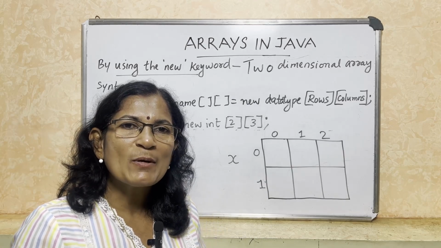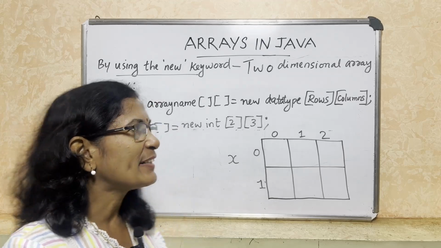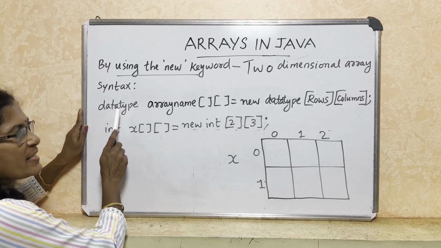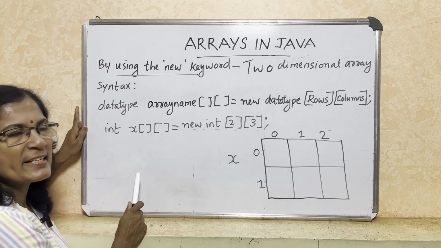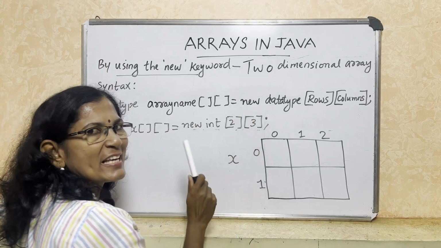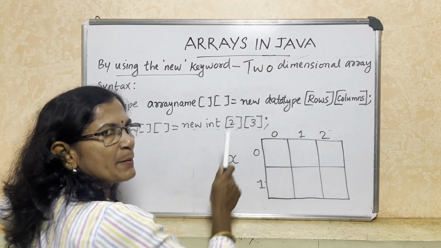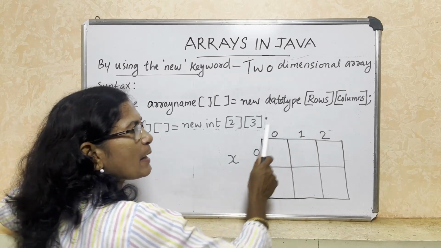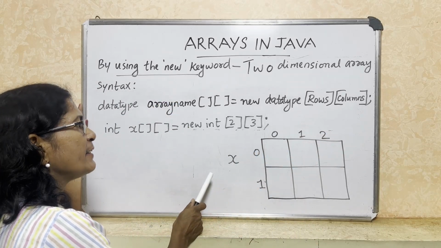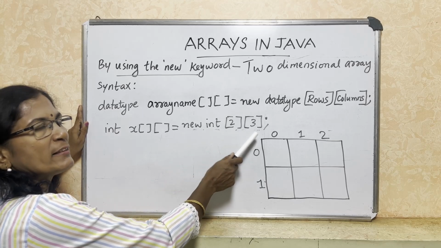Now, let's look at the syntax to create a two-dimensional array by using the new keyword. The syntax is data type, array name followed by 2 square brackets, and the keyword new, which allocates the memory for the array: new data type, and then the number of rows and the number of columns should be specified. For example, I want to create an integer array with 2 rows and 3 columns.